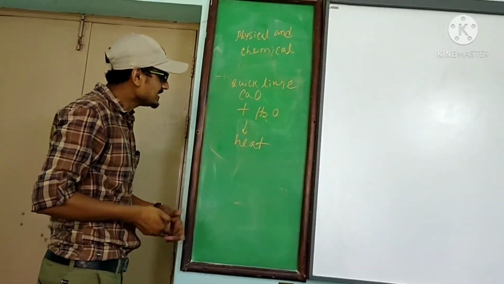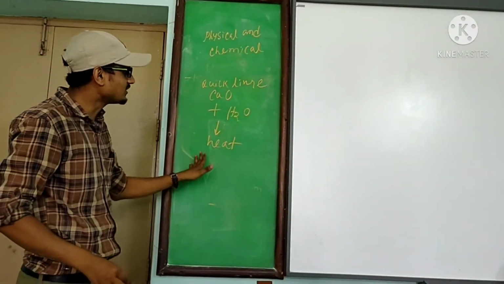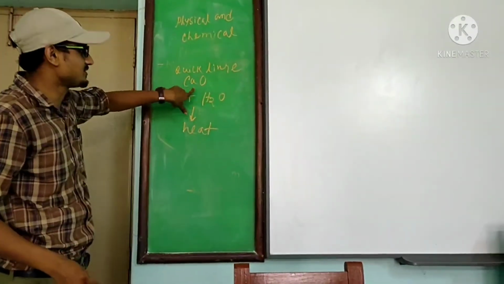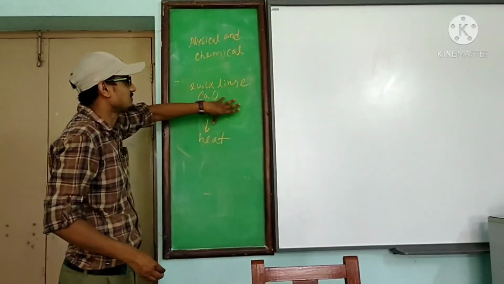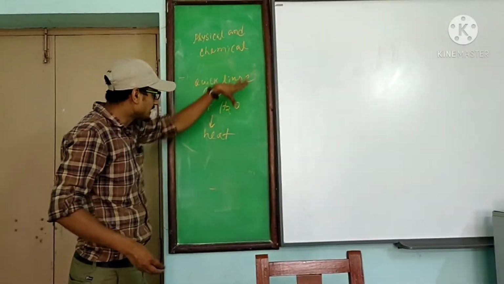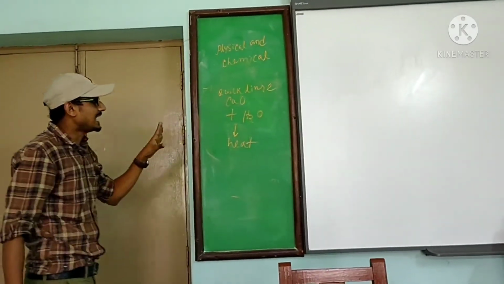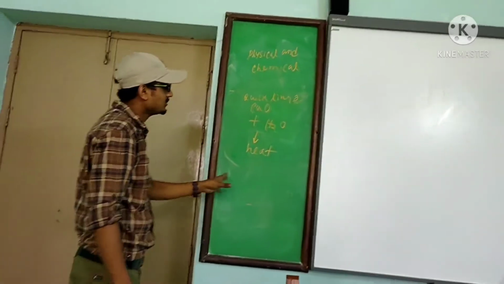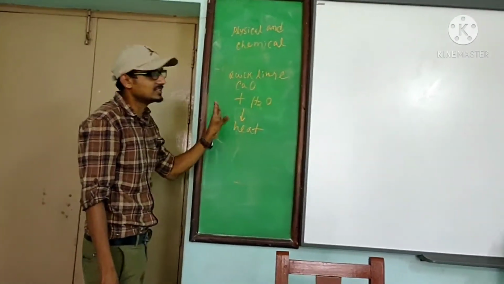Okay, and after this release of heat, you cannot get back calcium oxide and water from the calcium hydroxide. So this reaction shows that it is a chemical change. So the reaction of water with calcium oxide, or quicklime, is an experiment which shows it is a chemical change.